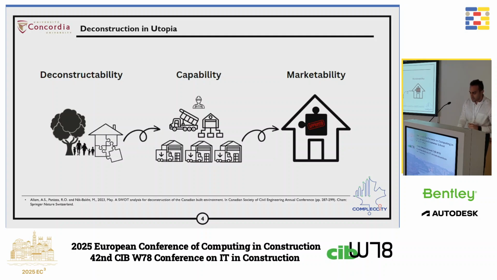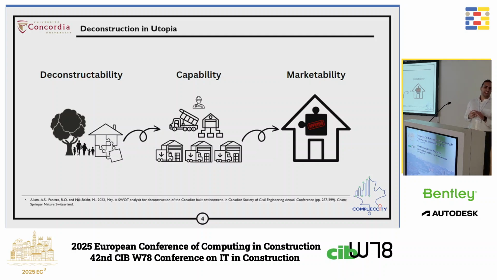So let's try to understand how I'm going to bring again the concept of the utopian city and the deconstruction in Utopia. We have coined this term in one of our papers. Deconstruction in Utopia has three main concepts: deconstructability, capability, and marketability. Deconstructability means, think about it, we have Lego-based construction.